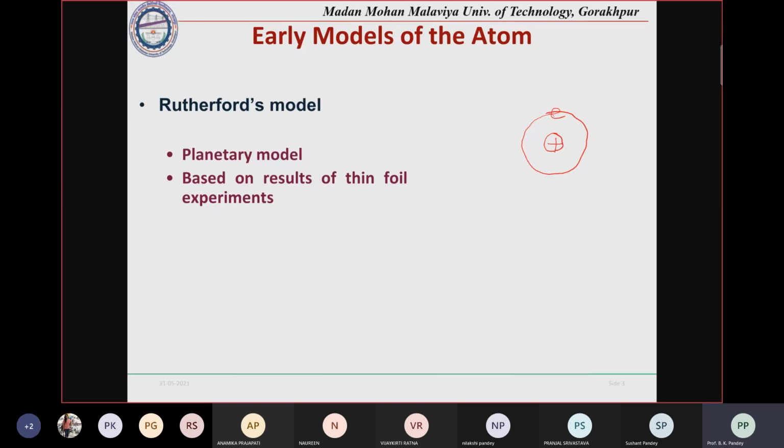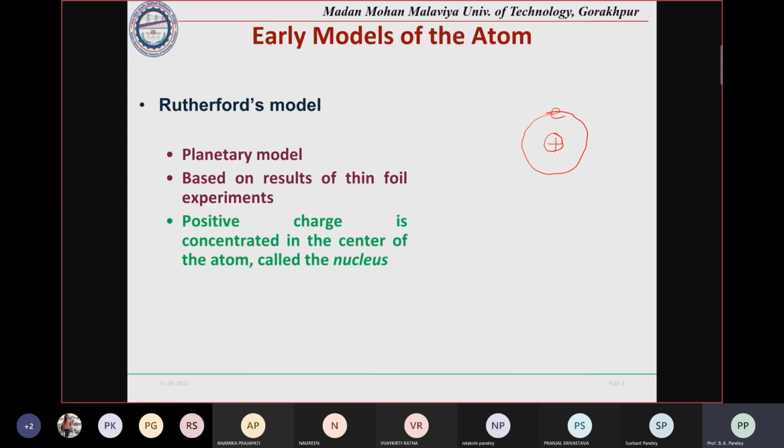Obviously, the outcome or the proposal suggested by Rutherford was based on his great experiment on the foil of gold by scattering of the alpha particle on that. As a conclusion, he proposed that positive charge is concentrated in the center of the atom called the nucleus.